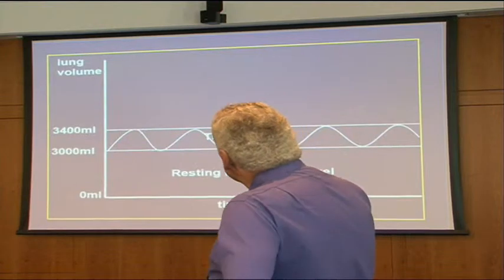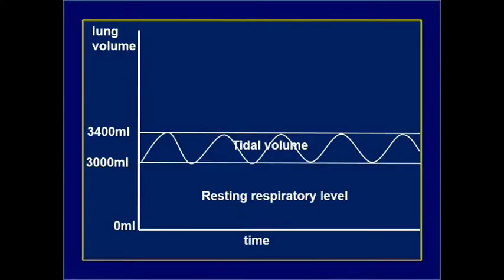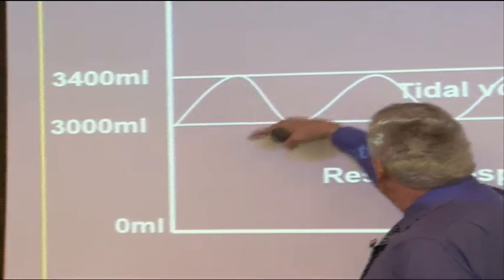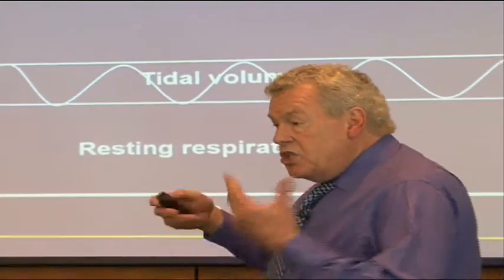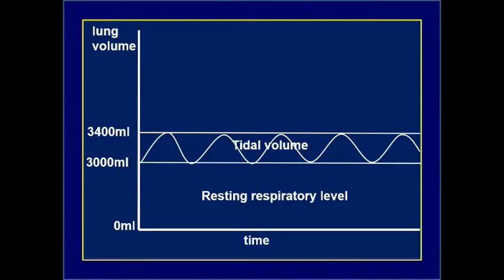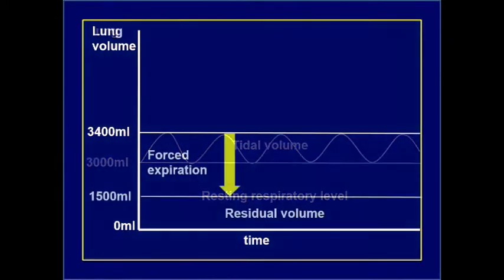Mechanics of breathing, again you can go through when we breathe in and out. When we breathe in normally, we have 3,400 millimeters of air in the lung, and when we breathe out we still got 3,000 in there, so the tidal volume is only 400 mil. We actually exchange during gentle breathing because the rest is dead space.